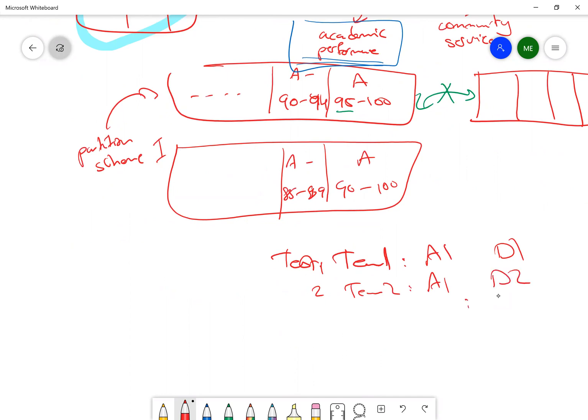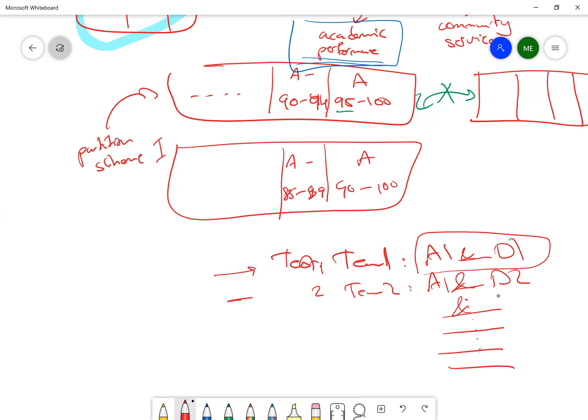And you can see where I'm going with this, right? You can possibly see that I'm just running out those combinations. Each one of those, A1 and D1, A1 and D2, A1 and D3, is a test case on its own.